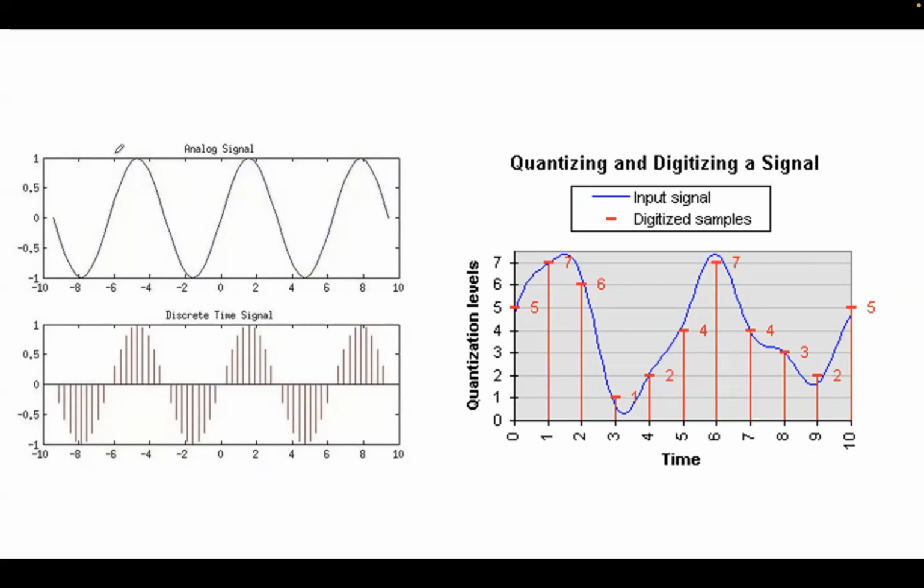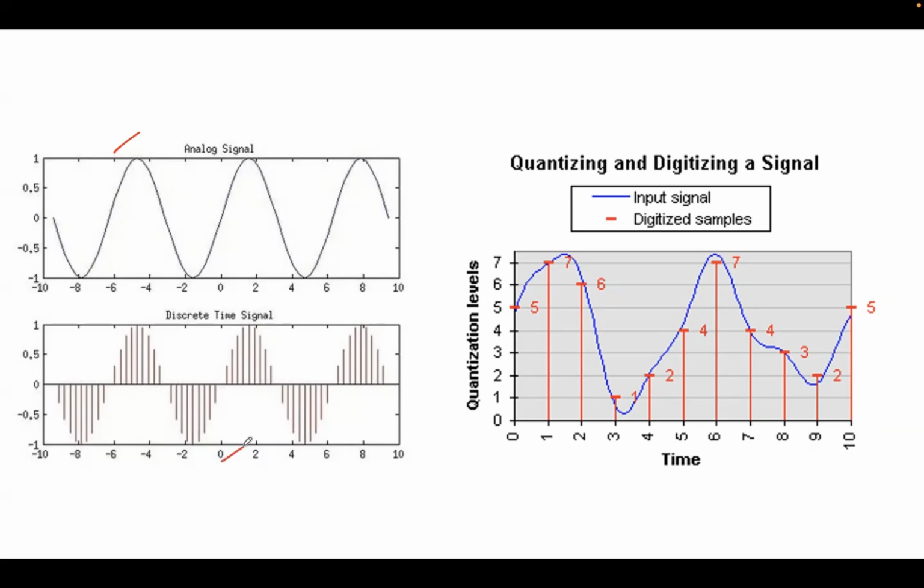So here in this image, you can see an analog signal, which is a smooth continuous-time sine wave, and amplitude changes smoothly over time. This is how natural signals like voice or music usually look. And at the bottom you can see the same signal after sampling.